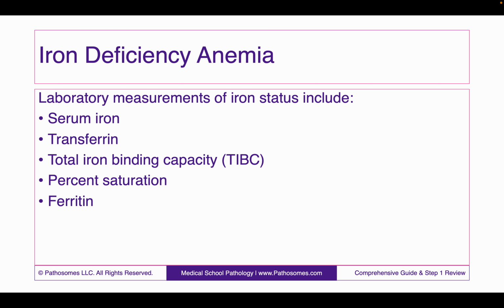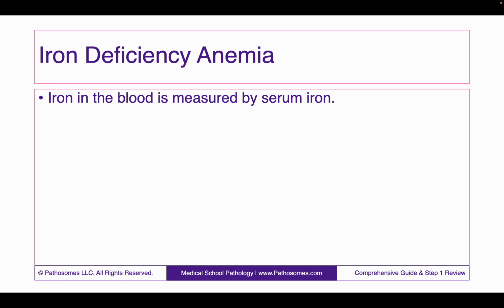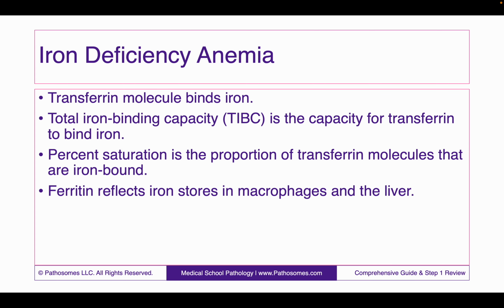Some laboratory measurements of iron status include serum iron, transferrin, total iron binding capacity, percent saturation, and ferritin. Iron in the blood is measured by serum iron. The transferrin molecule binds iron.